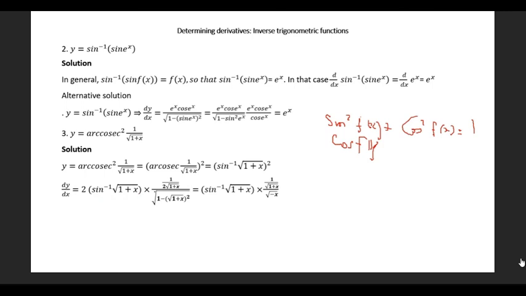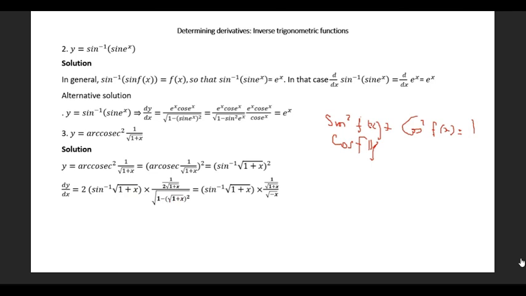we are going to have this, and then from there 1 minus the square root of 1 plus x all squared. So what you are actually squaring is the square root of 1 plus x.